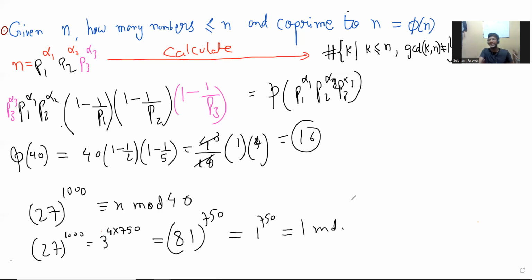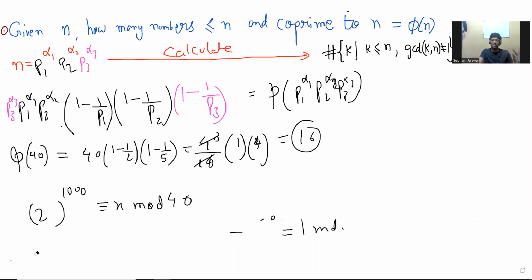I have nothing to say because this is easy in this case. But my point was, okay, so this is 27. Let's say I make this some other number and see. For now, I'm just keeping it co-prime.